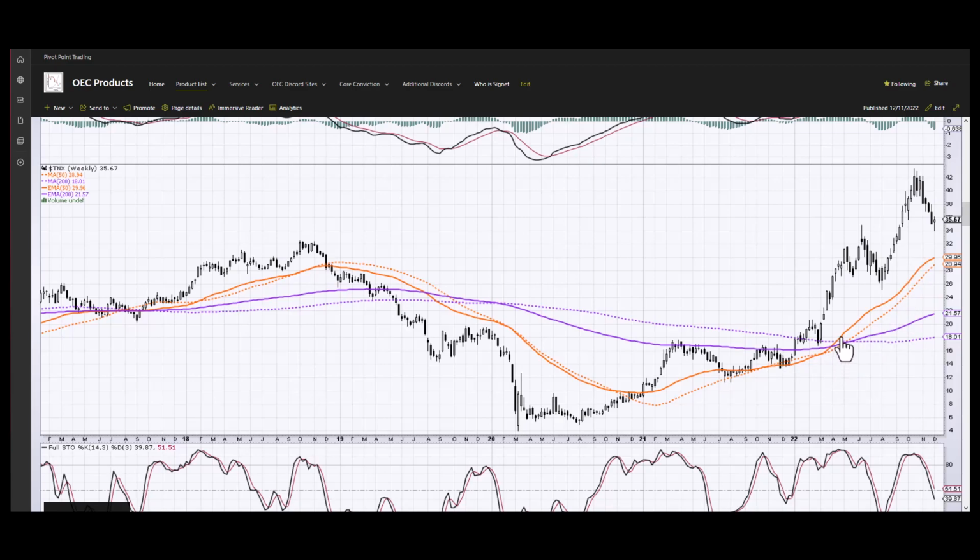But we didn't get the 50 above the 200 until sometime around March or April, maybe into May, right, for a solid confirmation. So for more than half of a year, we've been strongly trending in a bullish market.